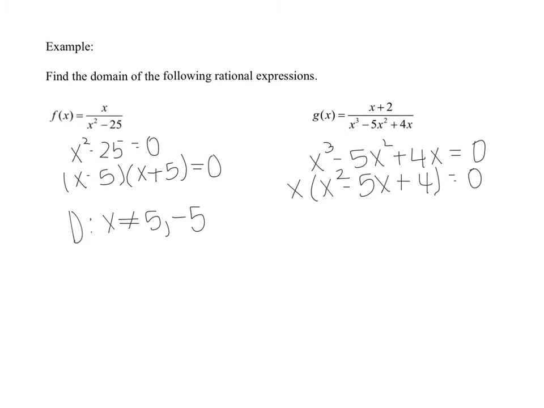Now I want to factor x squared minus 5x plus 4. When I do that, we get x minus 4 times x minus 1.